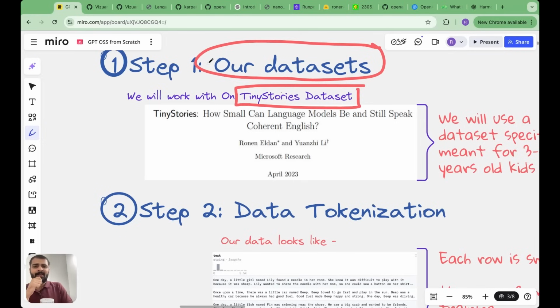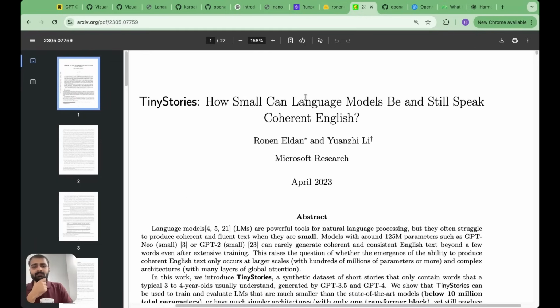Essentially, this dataset is based on the paper called Tiny Stories: How Small Can Language Models Be and Still Speak Coherent English.